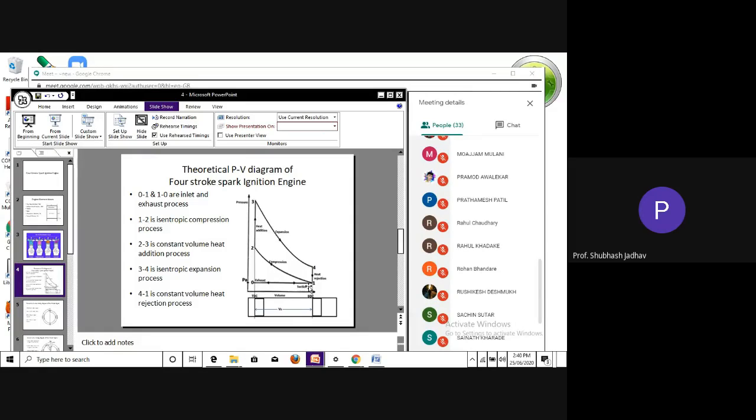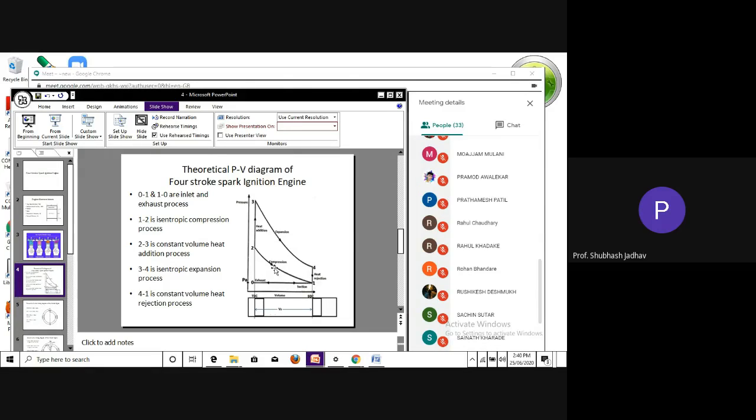So actually the piston moved from TDC to BDC. Now during the 1 to 2 process, what actually happened? The piston moved from bottom dead center to top dead center. Therefore the volume decreased.